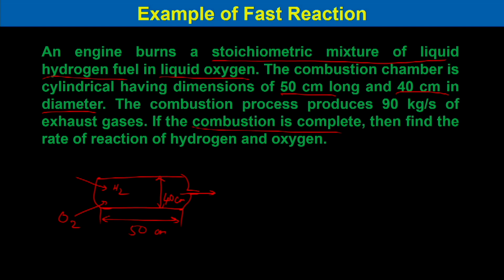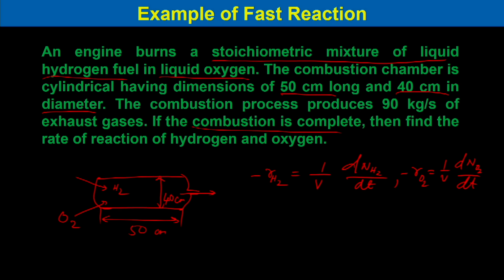And as per the problem, we need to find out minus R H2, the rate of reaction of hydrogen, which reacts with oxygen and produces water vapor. So, the rate of reaction would be 1 by V d N H2 dt, and minus R O2 is 1 by V d N O2 dt. So, these two we need to calculate.